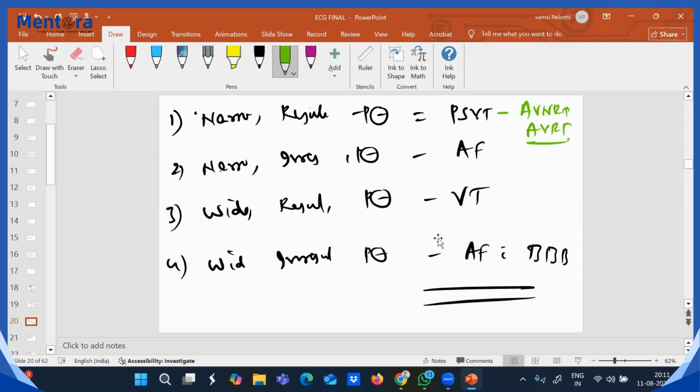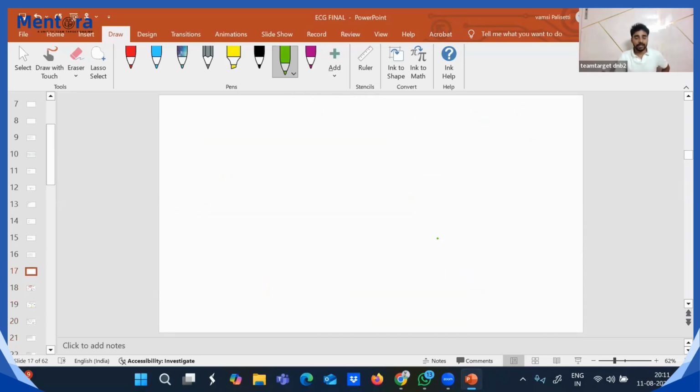Right. So one important point I want to discuss with you people here. Supraventricular tachycardias can come from atria, or from the atrial appendage, or from the AV node. If it comes from the AV node, why is there a P wave absent? So this is your atria and this is your ventricle, right?